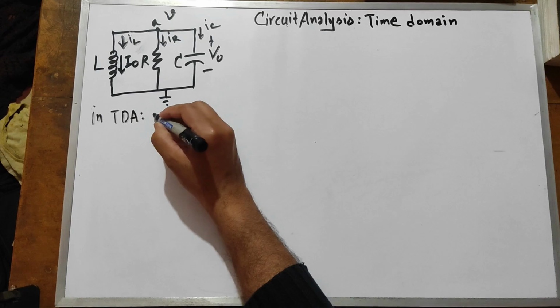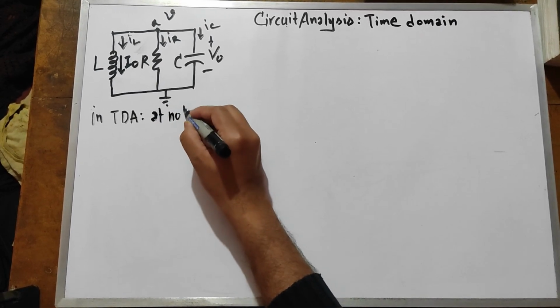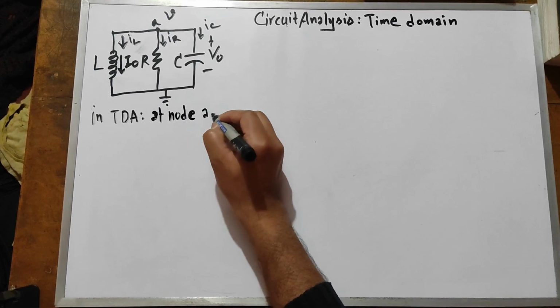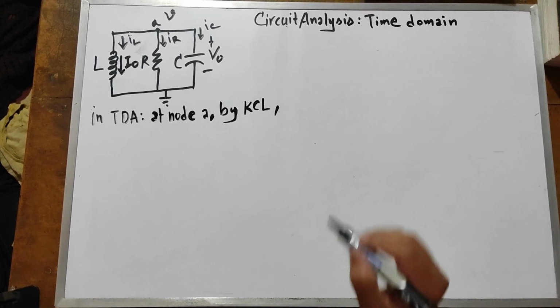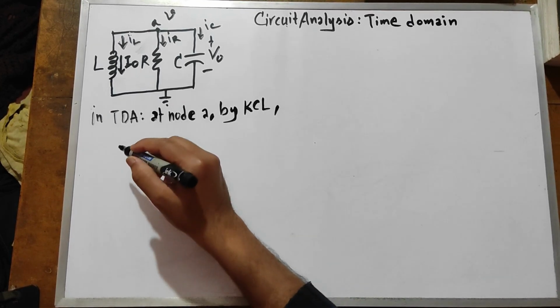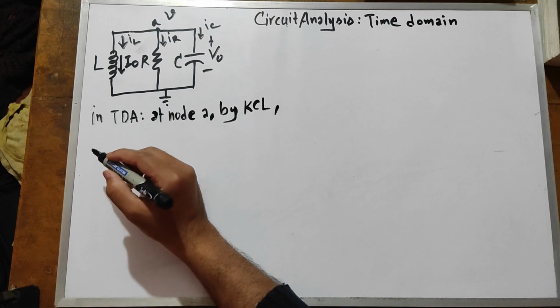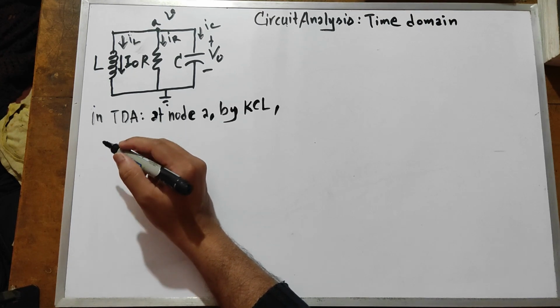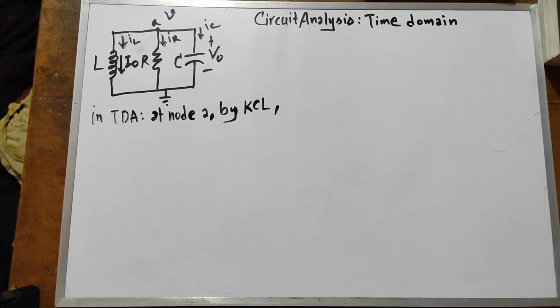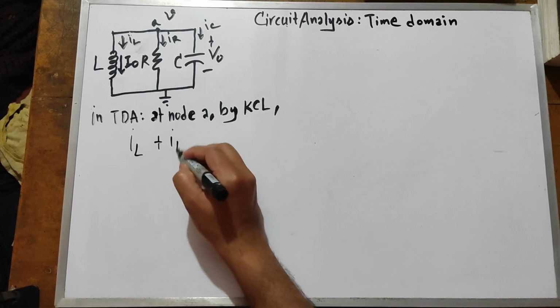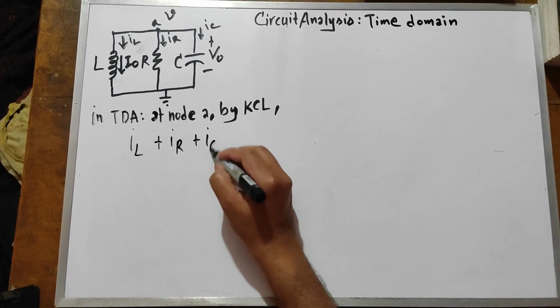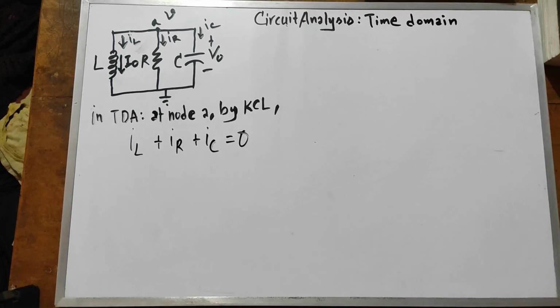So at node A by KCL, it is IL plus IR plus IC equals 0.